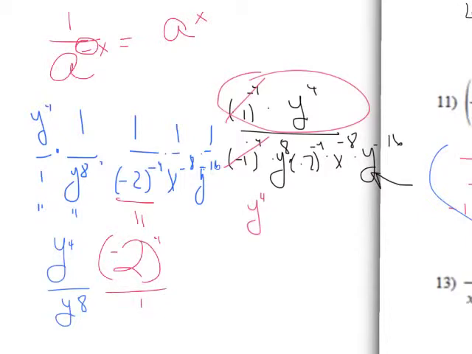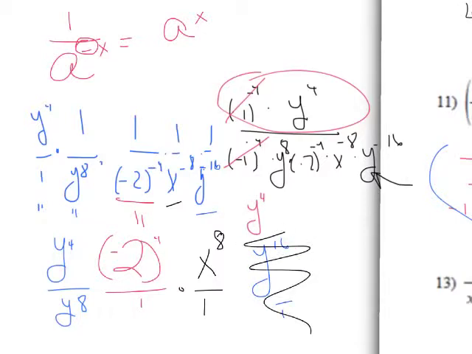Then I also have 1 over x to the negative 8th. So again, that means it's the reciprocal. And then finally, I have this last y, which just means it's y to the 16th over 1. But instead of writing it here, I'm going to go ahead and just multiply it here.